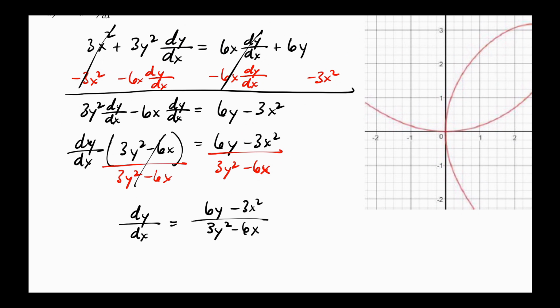You can probably factor the top. I think you can divide them both by 3 and get 2y minus x squared, and then the same on the bottom, 3y squared minus 2x, because they both can be divided by 3.